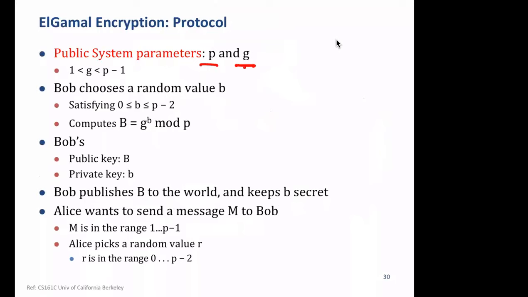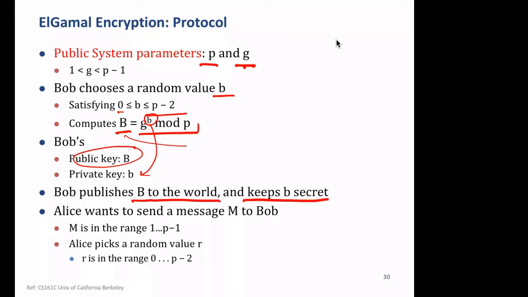Then Bob chooses a value b between 0 and P minus 2, and computes B, which is G raised to the power b mod P. Note here B is Bob's public key, and this small b here is the private key. It is very similar to Diffie-Hellman. Bob publishes B to the world and keeps small b secret, because it is the private key.